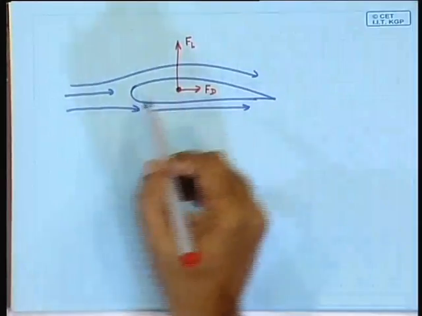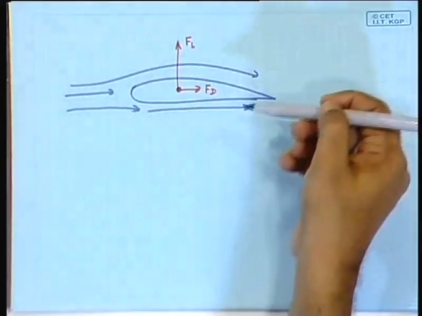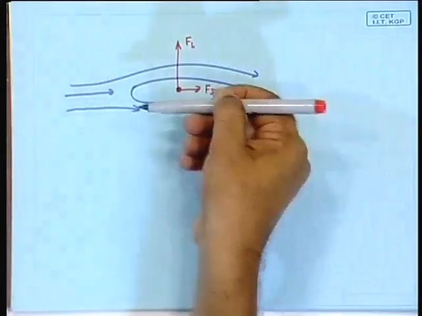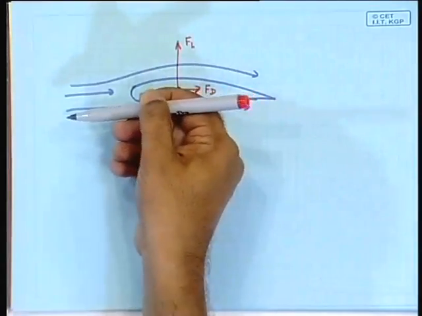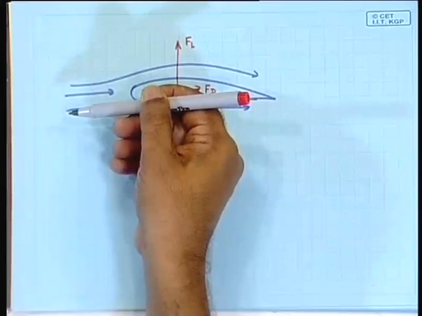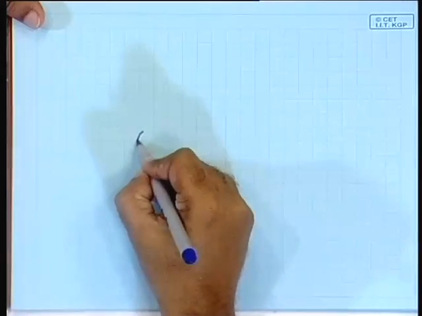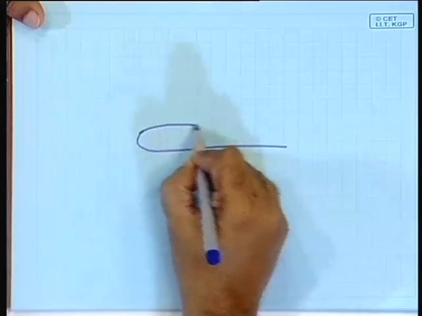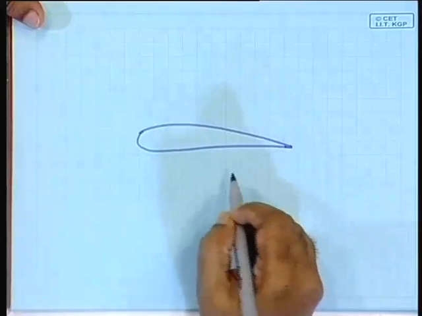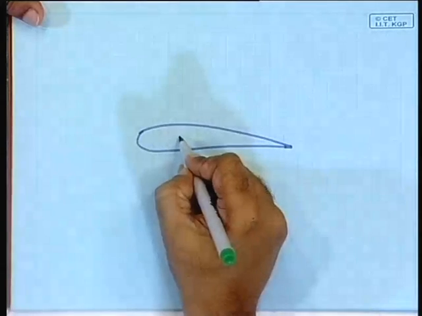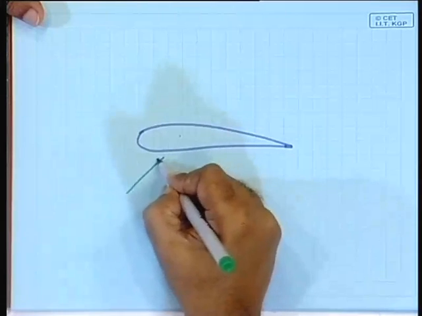But in general, here we have drawn it as if the airfoil is oriented exactly in the direction of the air, but that may not always be so. So, in general, you might visualize a situation something like this, that you have got the airfoil and the wind is coming from, say, this direction.